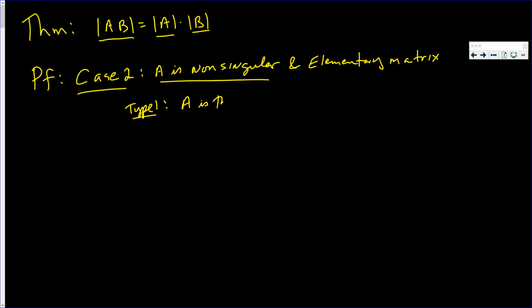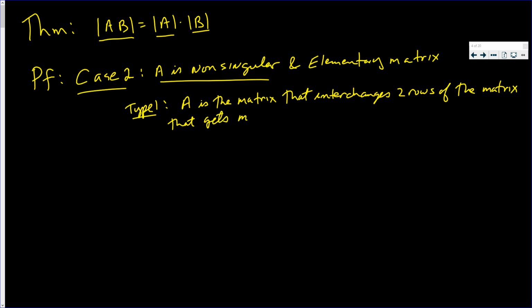A is the matrix that interchanges 2 rows of the matrix that gets multiplied by A, which is B. Okay.